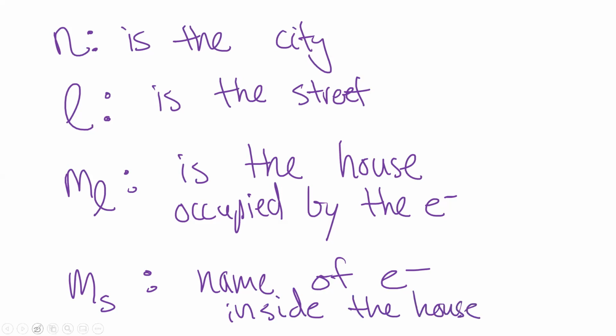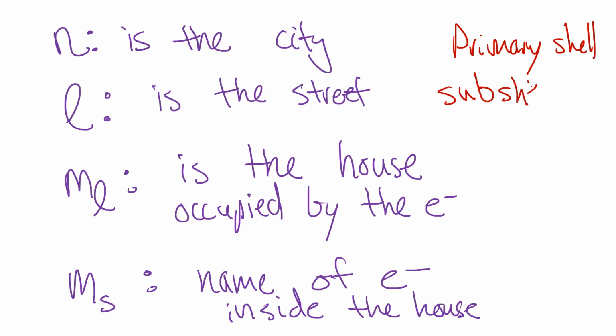And these four things are: N is the primary shell, L is the subshell, which is, of course, your S, P, D, and F. The subshell does also tell you one other thing.